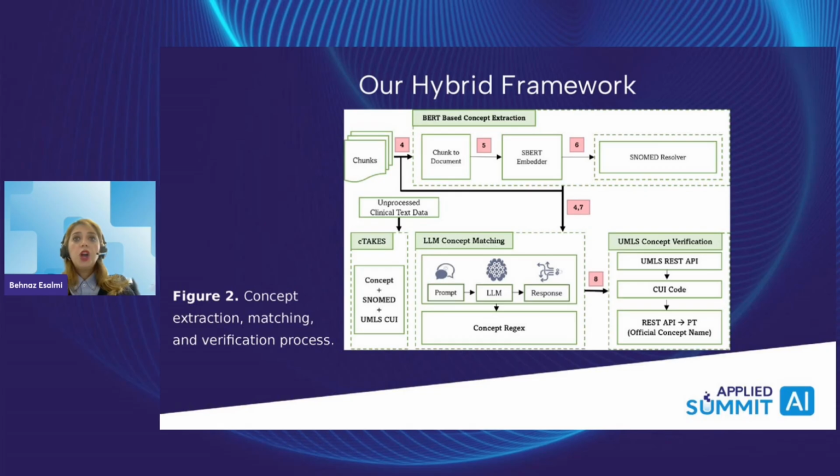Next, we feed the chunk and candidate list to an LLM, either Mistral or LLaMA, guided by a custom prompt. Finally, we verify the chosen concept using the UMLS REST API, retrieving the preferred term and concept identifier. This integration ensures each extracted term is contextually accurate and semantically standardized, which is critical for interoperability in EHR systems.